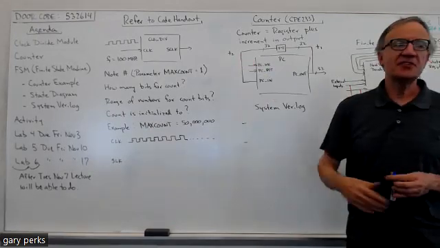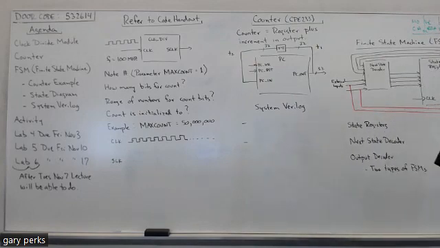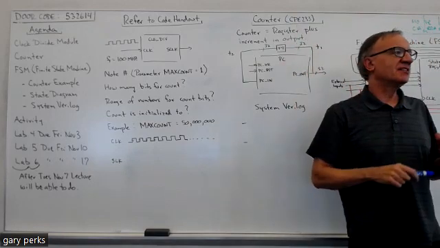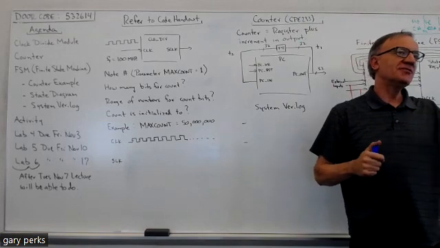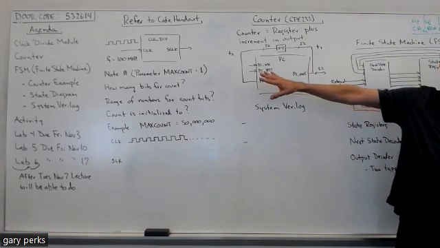Also, the clock divider is used in any sort of timing circuits like counters and stopwatches. And the clock divider is part of lab 6, although we give you the code for that clock divider. But anyway, that's where I want to start.